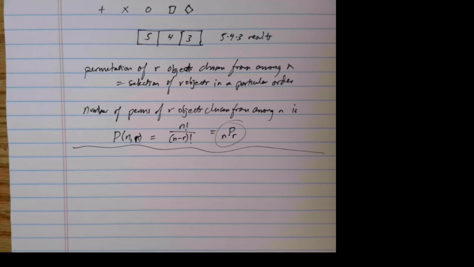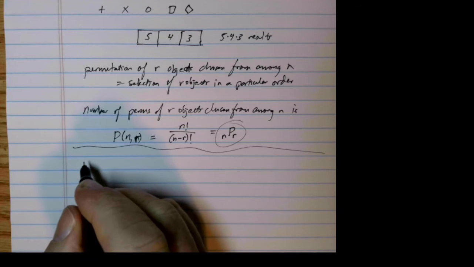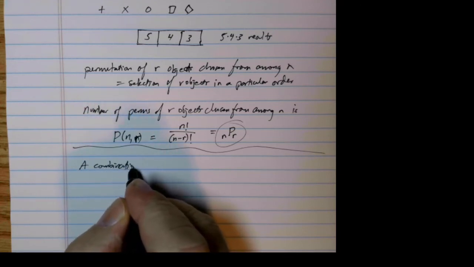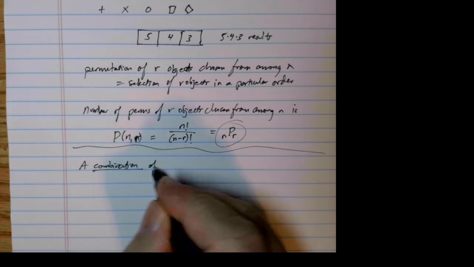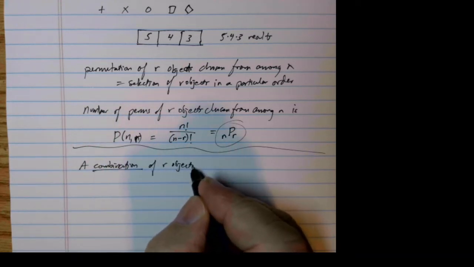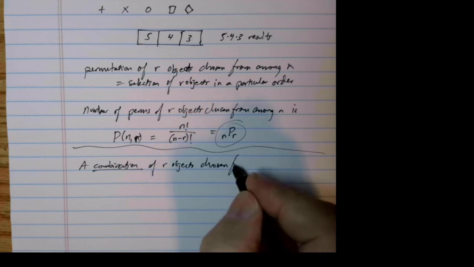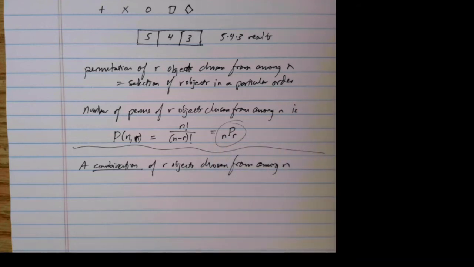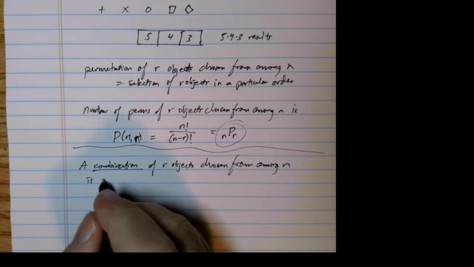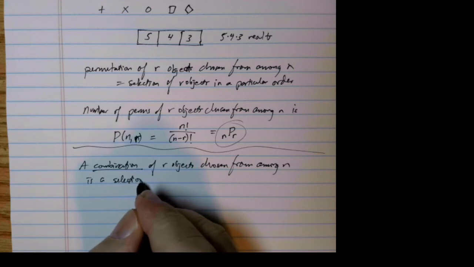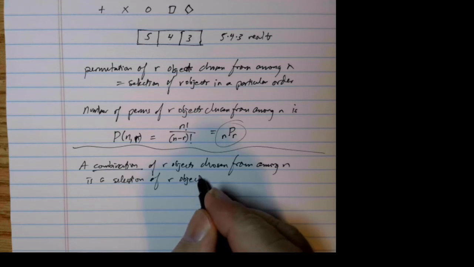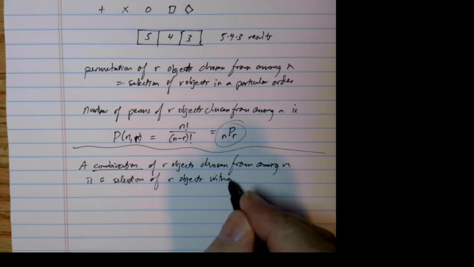So we have the fundamental counting principle, and we have permutations. We need to talk about combinations. A combination of r objects chosen from among a set of n objects is a selection of r objects without regard to order.